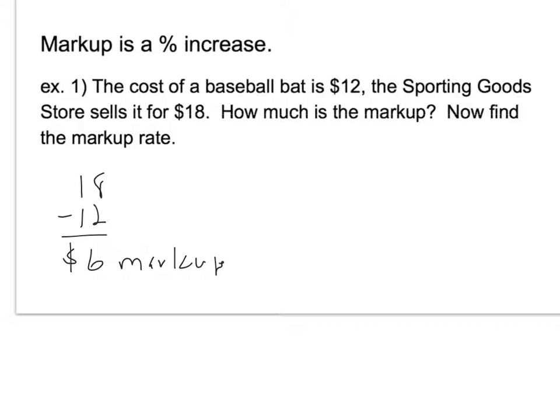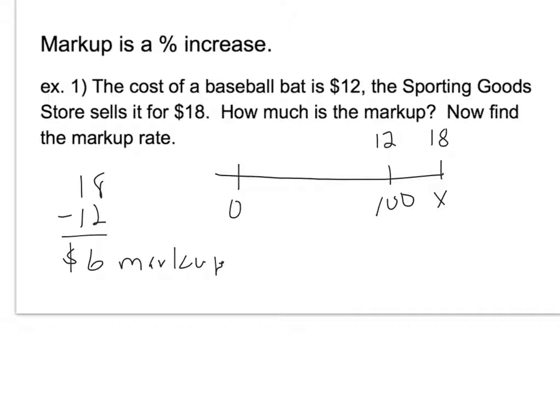But if we want to find the markup rate, we need to think about our double number line. We want to find out how much we've marked it up to. What percentage have we gone to, if we're taking the original price, which was 12, and we end up with 18?